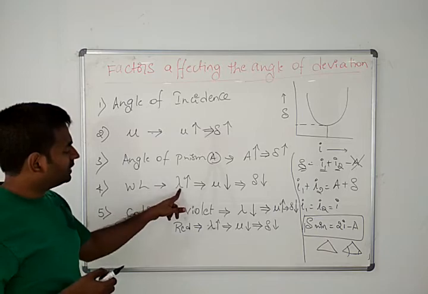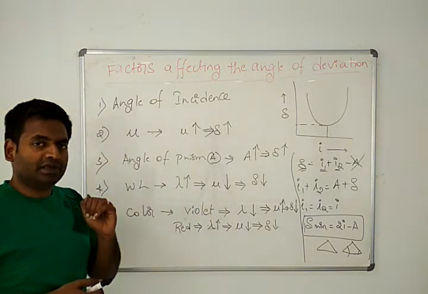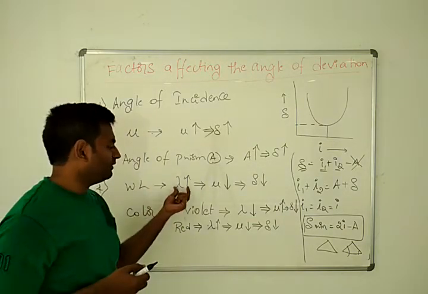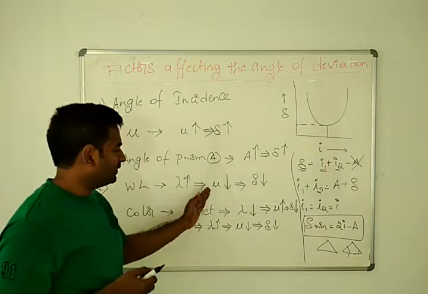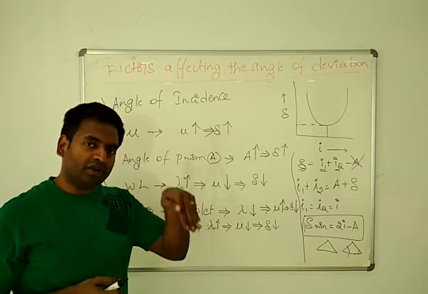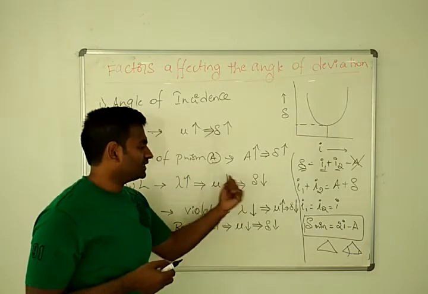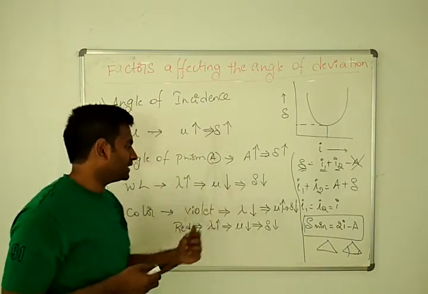If my wavelength is more, I know that my mu is less. Because red light has more wavelength, and more wavelength will not bend much. So mu is less. When the mu is less, delta will be less, because we know mu and delta are directly proportional. So mu is less and delta is less.